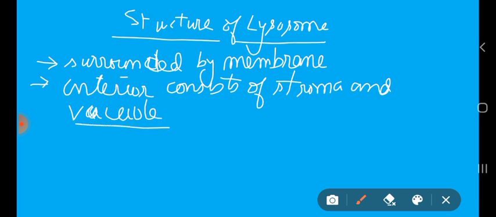Okay, vacuole. Now the shape, size and density of the lysosome vary greatly.